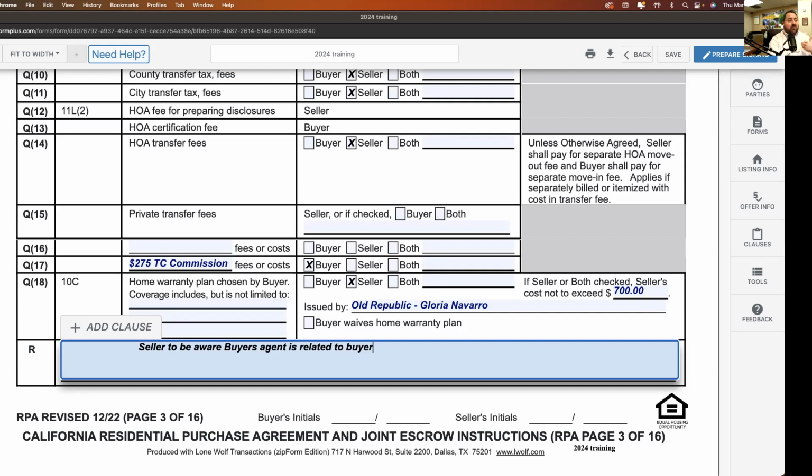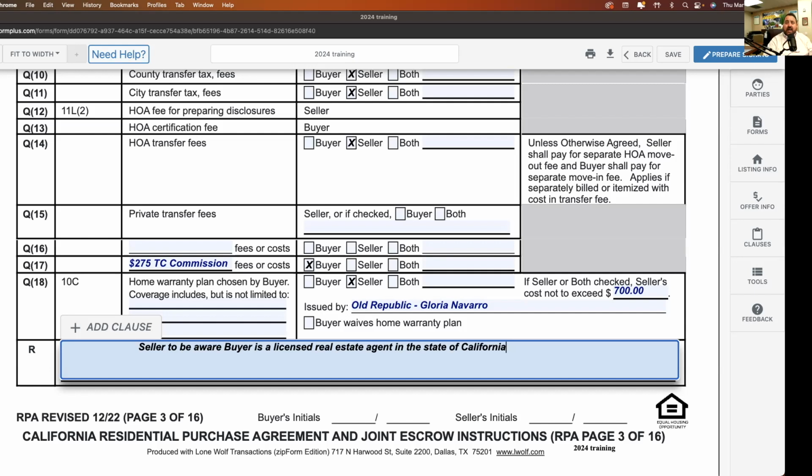Okay. If you're not the principal, but let's say you're representing another agent, buyer is a licensed real estate agent in the state of California. The reason that you need to disclose that is because we're held to a higher standard.